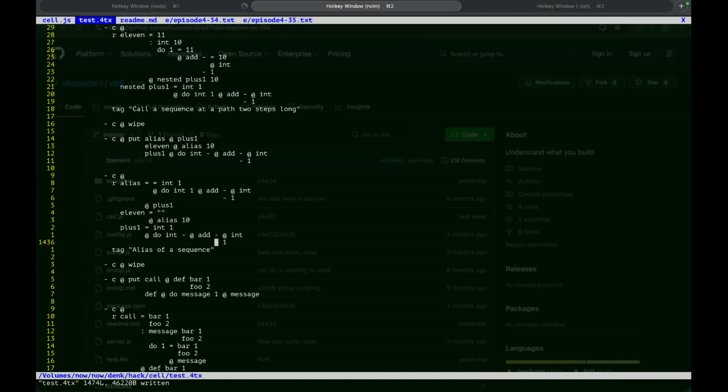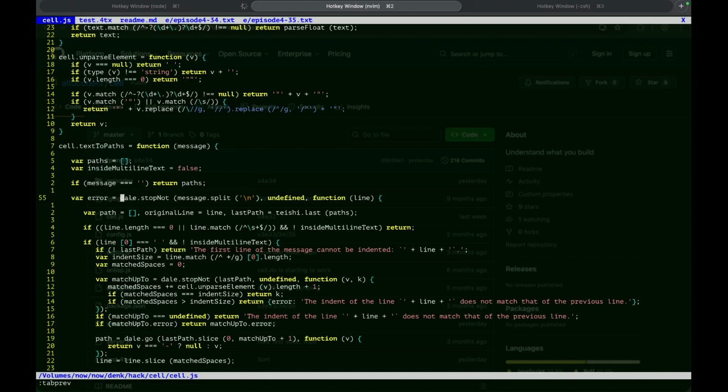This has to work. Why doesn't it find the definition?